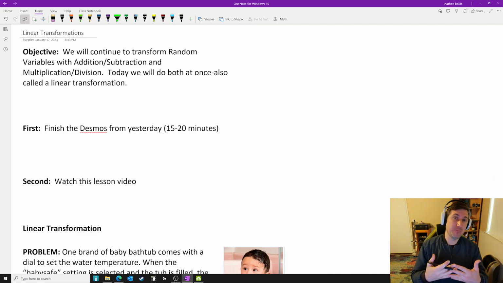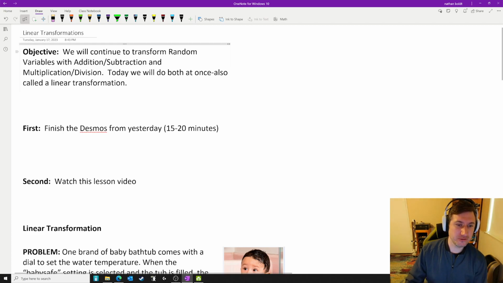Today, we're going to be doing both at once, and we call that a linear transformation, because if you multiply and add, that becomes a linear equation. So you'll see that pop up a little bit here and there, but it is basically the same idea as yesterday.